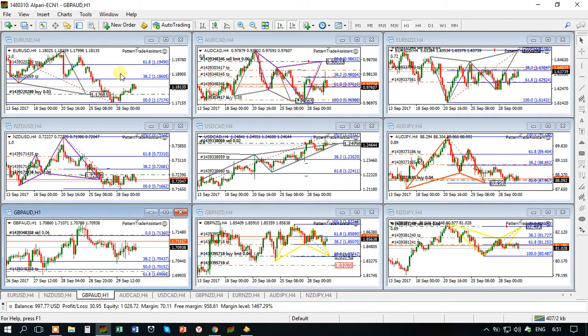You may have 7 positions, and when they all sum up, you get that margin level. Right now I have 5 trades running, and my margin level is 1,400.